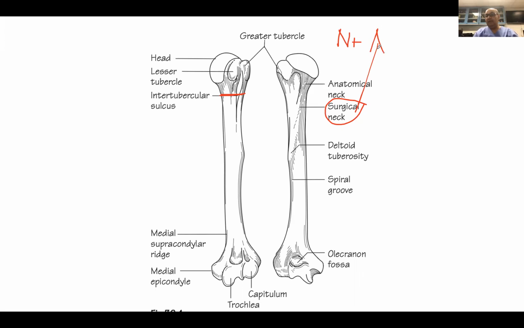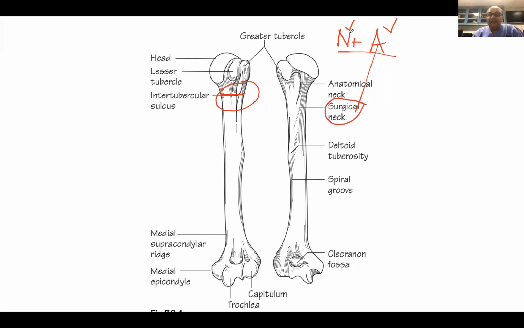If you are given an x-ray which is showing a fracture of my surgical neck, then you should understand what we are talking about. We will provide you some info. Either it will be connected to this nerve or it will be connected to this artery, and then you have to figure it out.